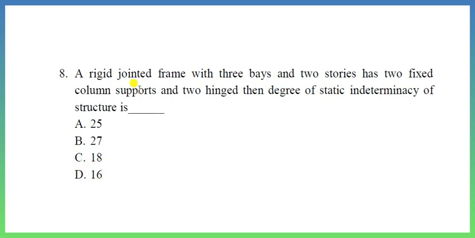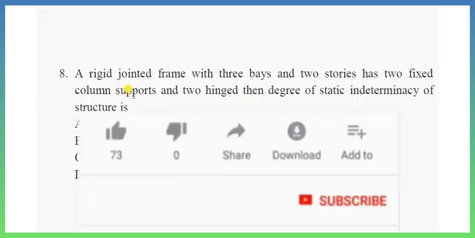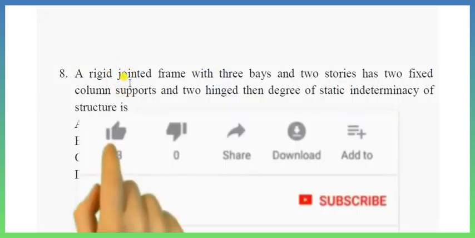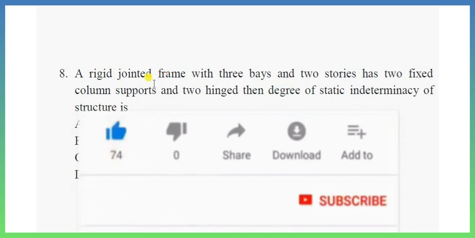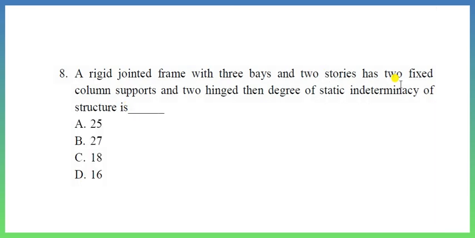So first of all, understand the question. Here a rigid jointed frame is given having 3 bays and 2 stories with 2 fixed column supports and 2 hinge supports, and we have to calculate the degree of indeterminacy of structure.